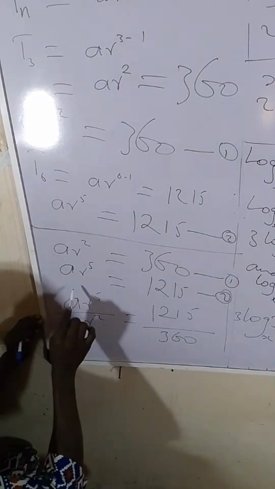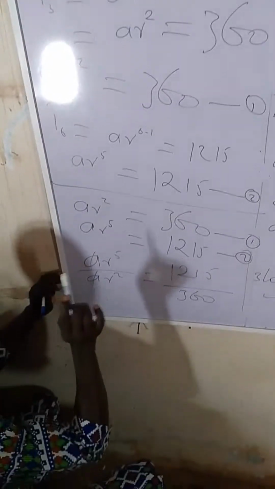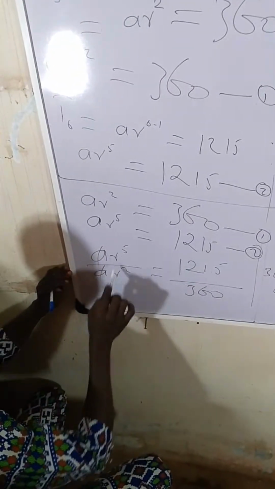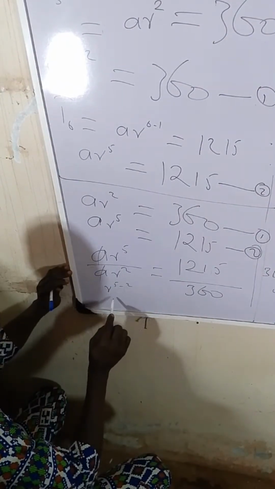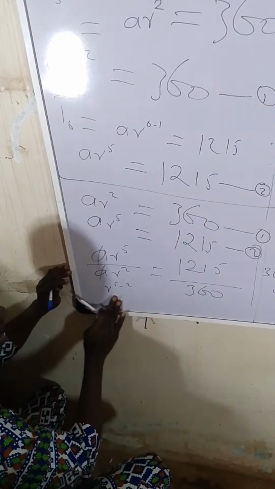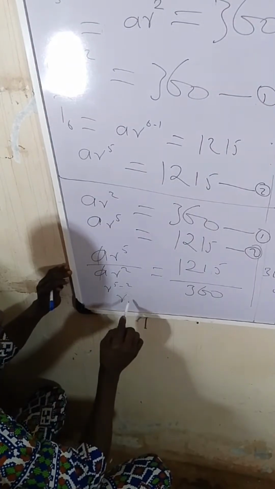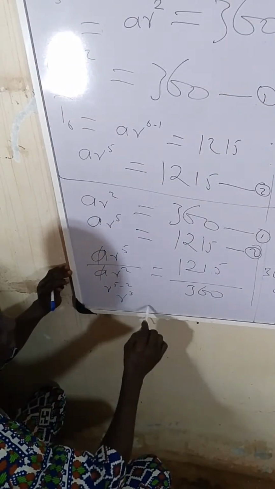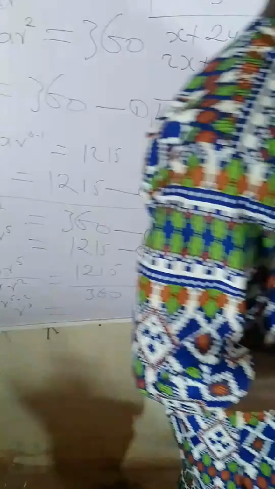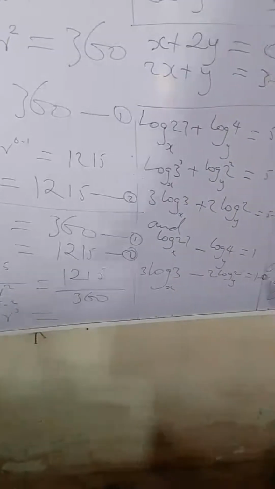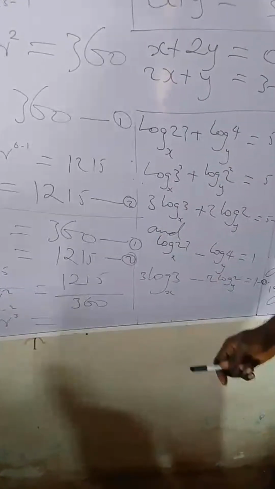And so we divide and a goes. This time we have r raised to power 5 minus 2, which is r^3. So r^3 now will give us the answer we are going to have there.